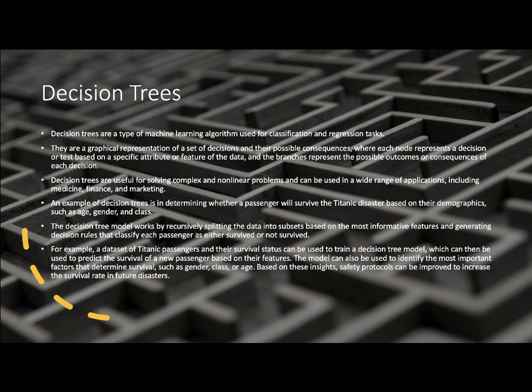So the decision tree is also used to make predictions on possible outcomes and consequences of the data that we analyze, so that it can support our decision making again.